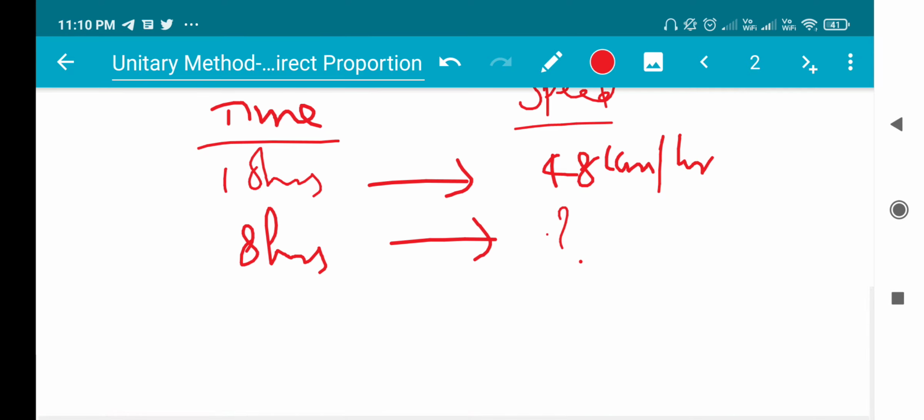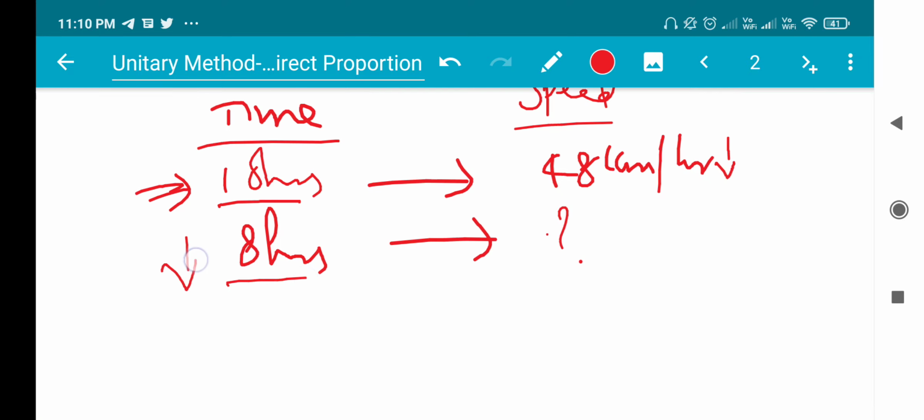See here, 10 hours means more time. When we take more time, speed will be decreased. If we take less time, speed will become more. So here it is more. Understood?